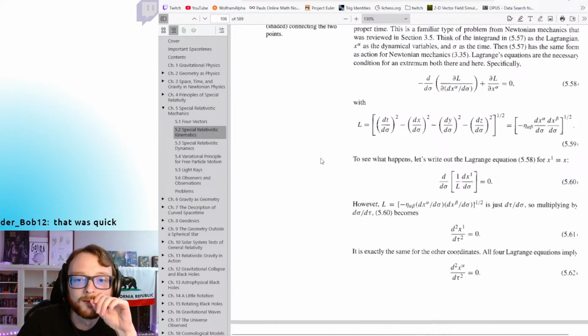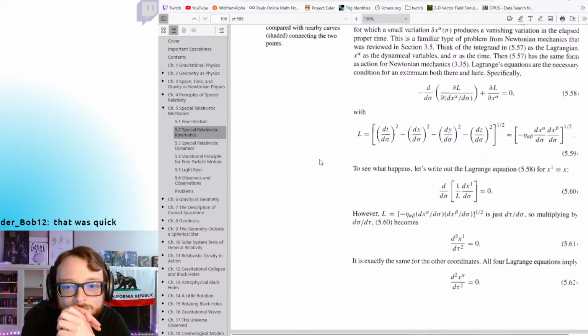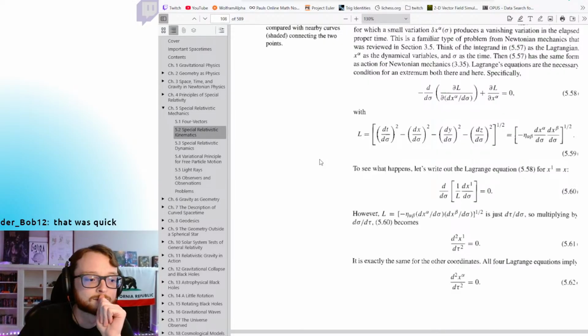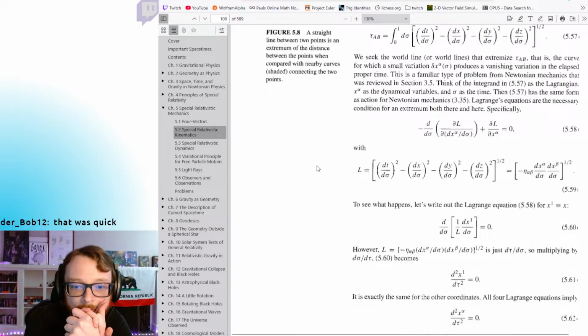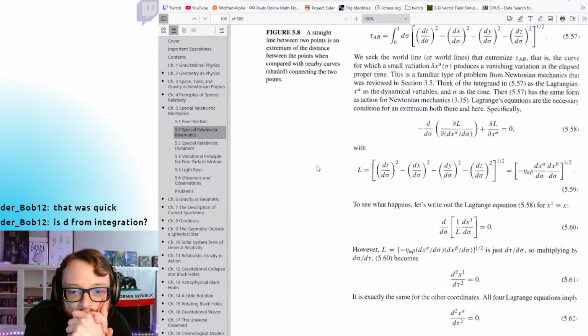We're taking the derivative with respect to sigma of the partial derivative of L with respect to one of these suckers inside the fractions. It's like a derivative of a partial derivative of a derivative or something. With respect to a derivative, right? One of our coordinates in this Lagrangian is one of these derivatives. It's so confusing to me that the Lagrangian is a function of other functions.